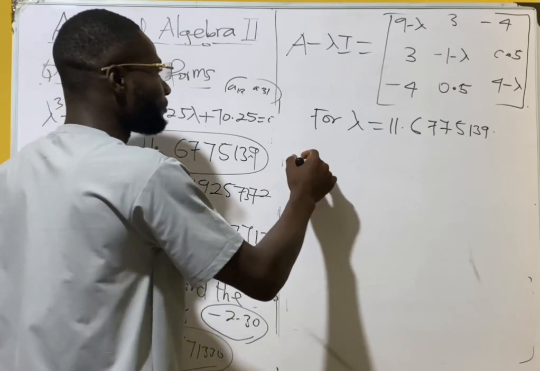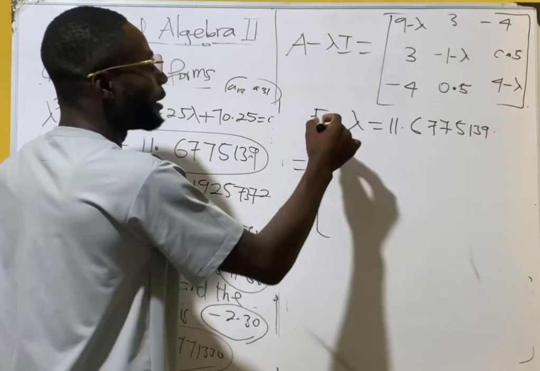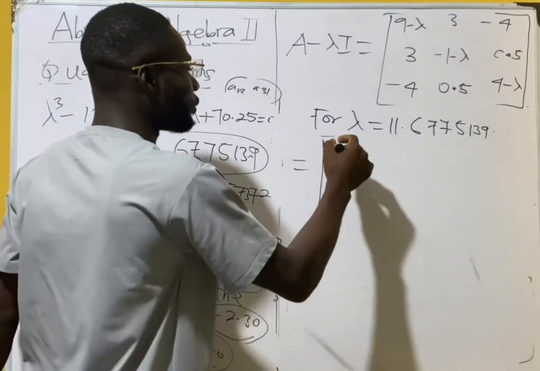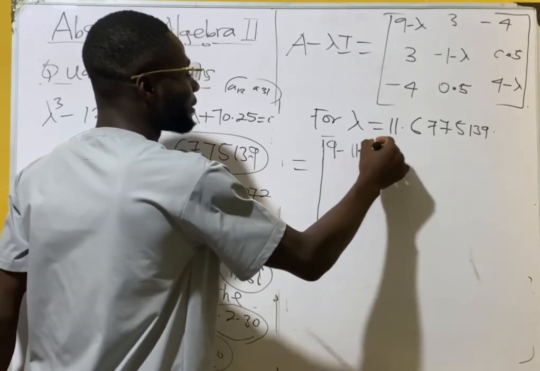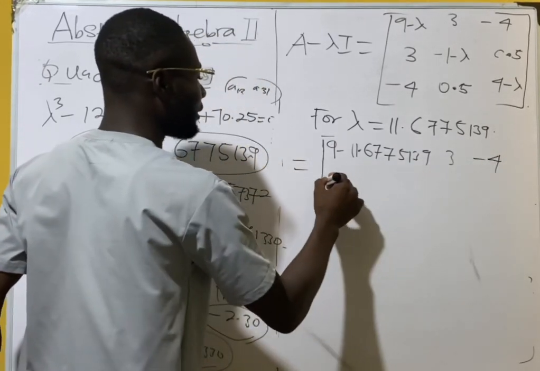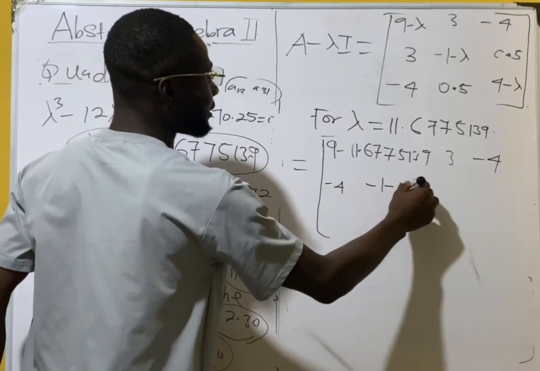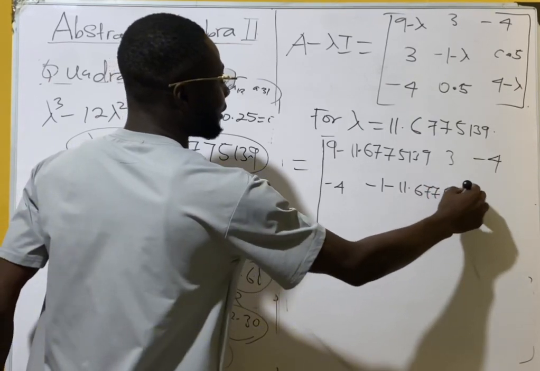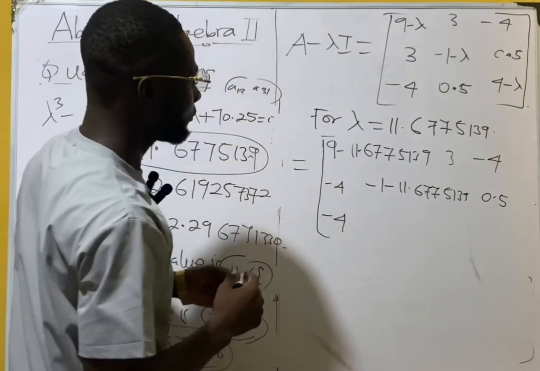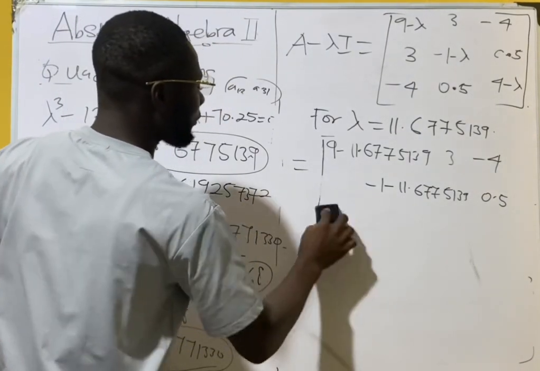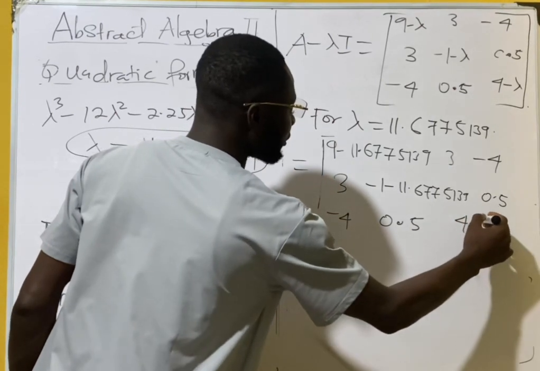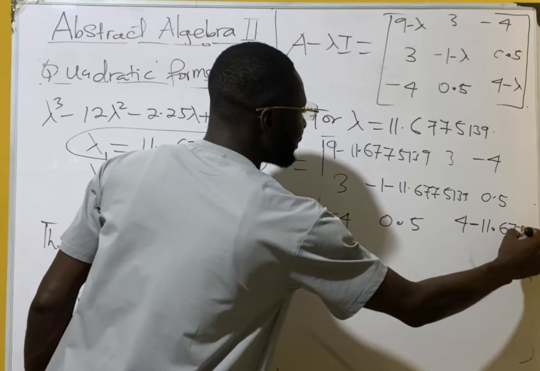So we're going to have 9 minus 11.6775139, 3, negative 4, and then negative 4, negative 1 minus 11.6775139, then 0.5, and also negative 4, 0.5, then we have 4 minus 11.6775139.